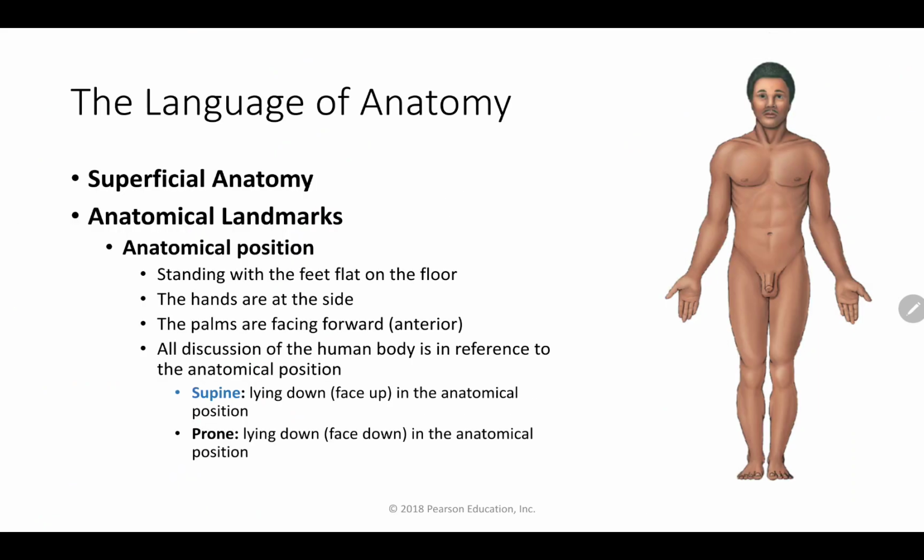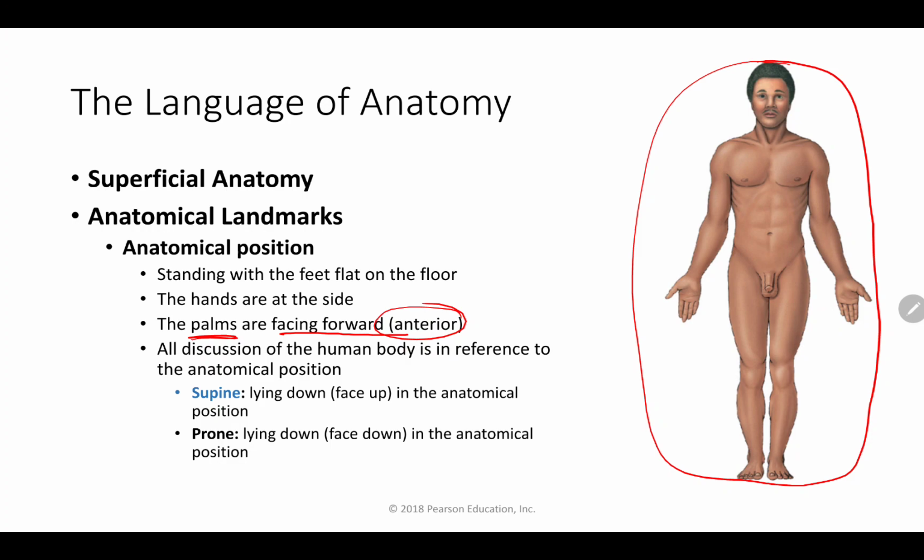When we're looking at anatomical position, we want to remember it is standing with your feet flat on the floor, slightly shoulder width apart. The hands are at your side, but your palms are facing forward, or anterior. So this individual right here, Mr. Bob, is in anatomical position.